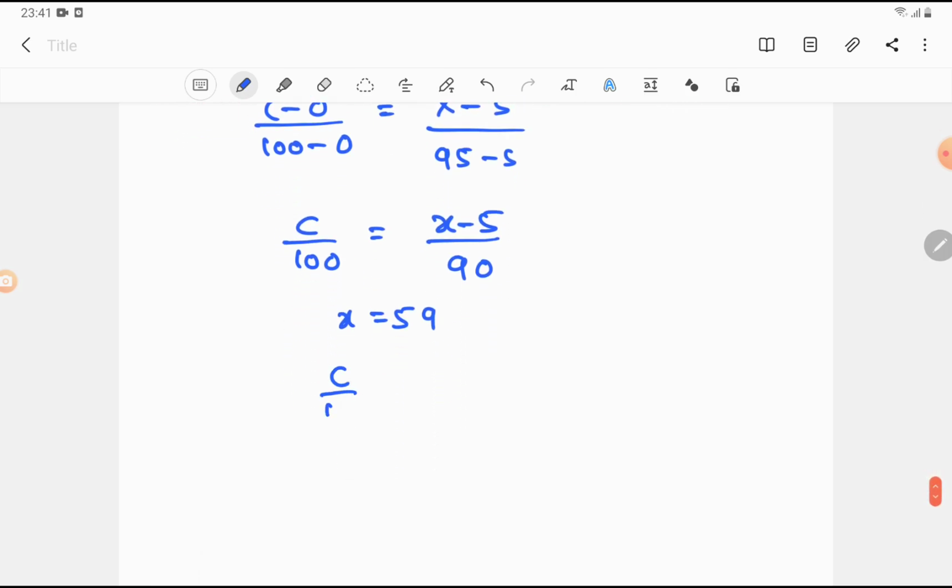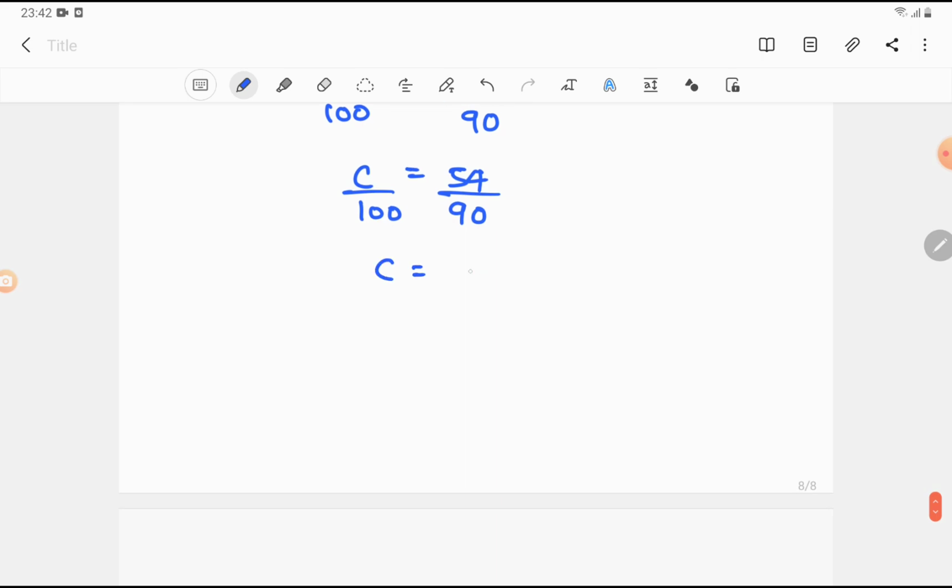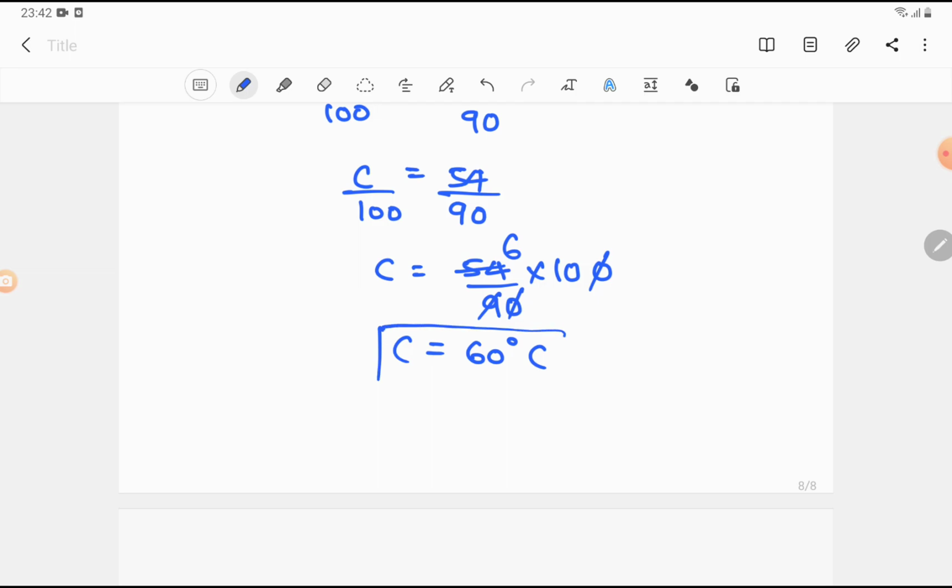Substitute: C by 100 is equal to (59 minus 5) by 90, that is 54 by 90. So C is equal to 54 by 90 into 100. 10 cancel. 9 1s are 9, 9 6s are 54. 6 into 10 is 60 degree Celsius.